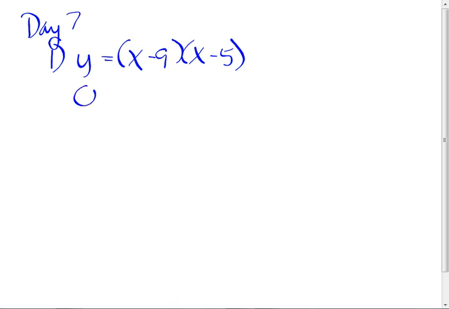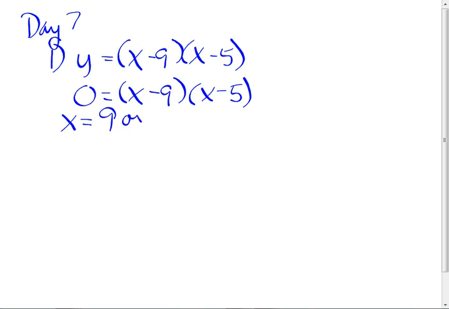It's where these are 0. When is that 0? When x equals not negative 9, but positive 9 or 5. And to get the axis of symmetry, you add these up and divide by 2. So the answer is 7.